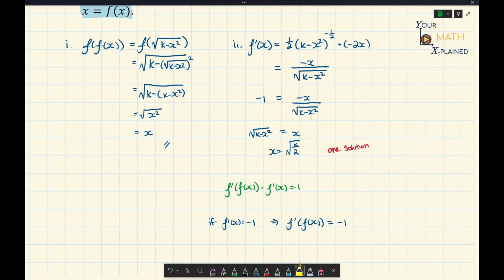But since we know that there's only one value within the domain where the derivative is -1, that tells us that this f of x here must also be that particular value, which is the square root of k over 2. So therefore, x is equal to the square root of k over 2, and f of x is also equal to the square root of k over 2. Which means if f prime of x is equal to -1, the only place where that occurs is when x is equal to f of x.